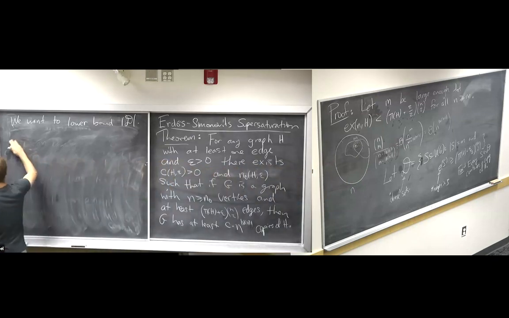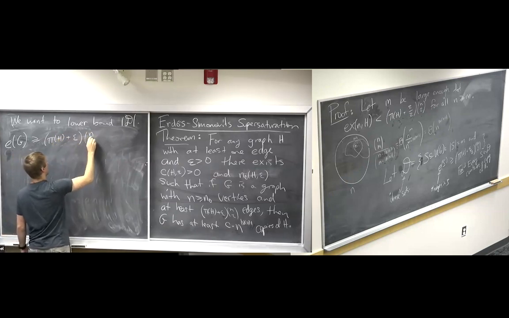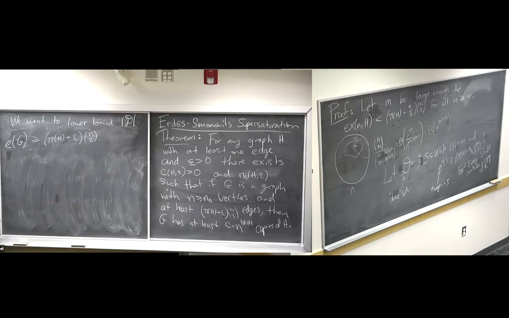So let's start using E of G for the number of edges of G. We know this is at least pi of h plus epsilon times n choose 2 by hypothesis, and we can also upper bound it.